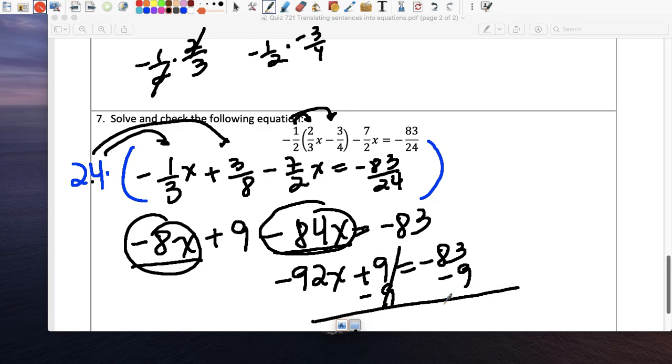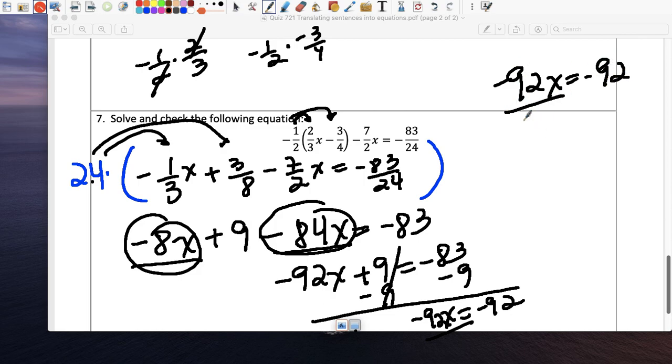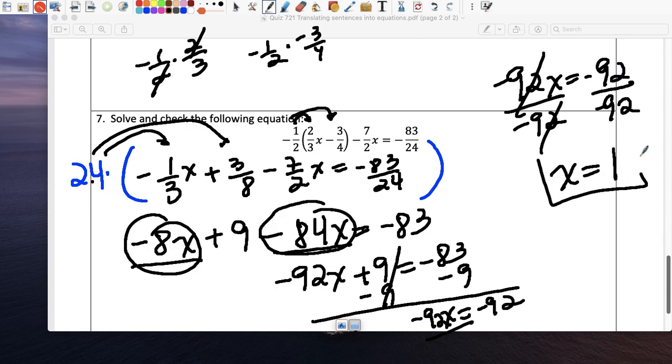That goes away, I get negative 92x over negative 92. Well, I'm going to divide both, so I'm going to divide by negative 92. Negative divided by negative is a positive, and that just gives me 1. 1 times x is just x, and this gives me 1. So that was my answer.